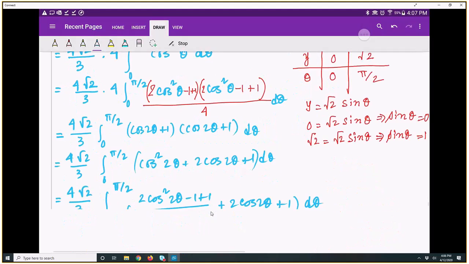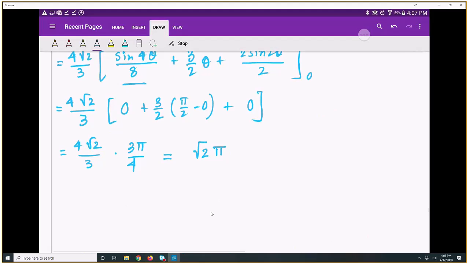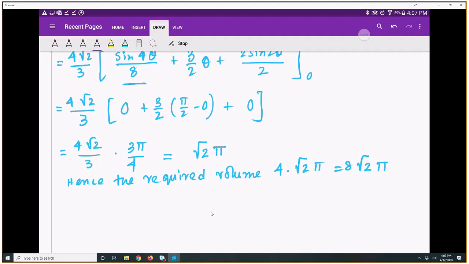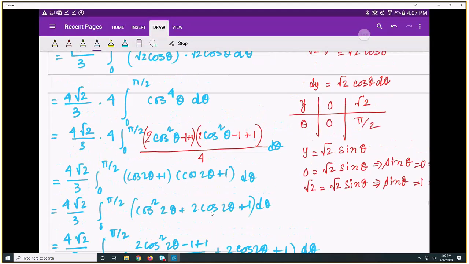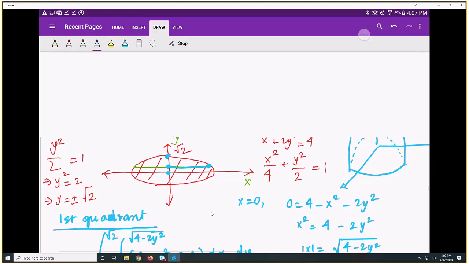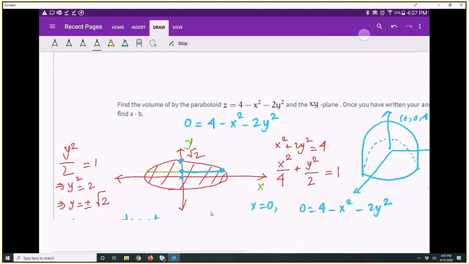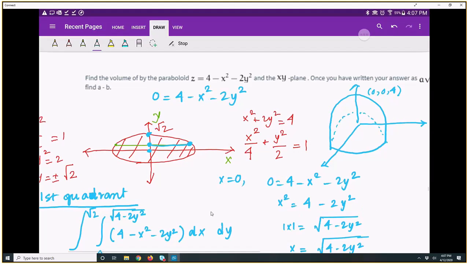Hence the required volume that we wanted to find out is given by 4 times what we found out. So 8 square root of 2 pi. So we had a surface on the xy plane with respect to that symmetric surface. We have found the volume of the given three-dimensional figure.